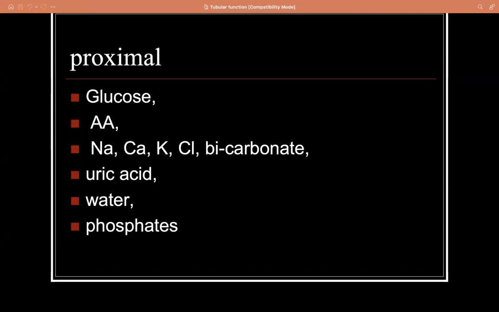And the second thing about bicarbonate, which I want you to go and specifically look at, is what we call regeneration of bicarbonate. So the kidney does not just merely reabsorb the amount of bicarbonate filtered.